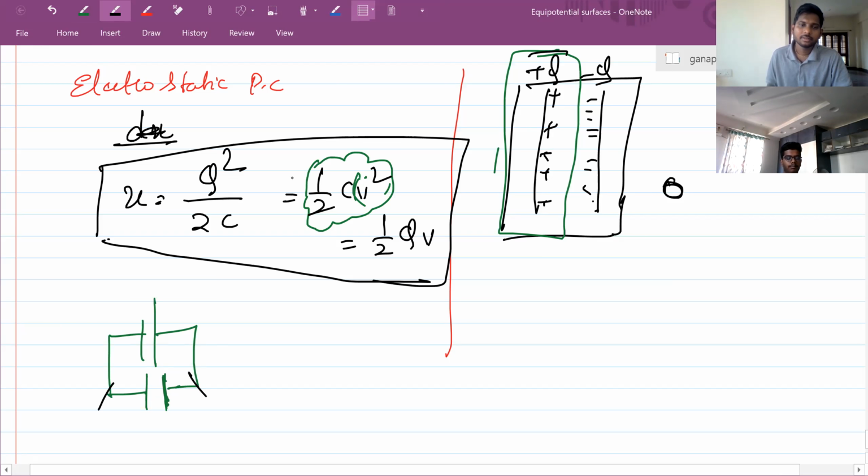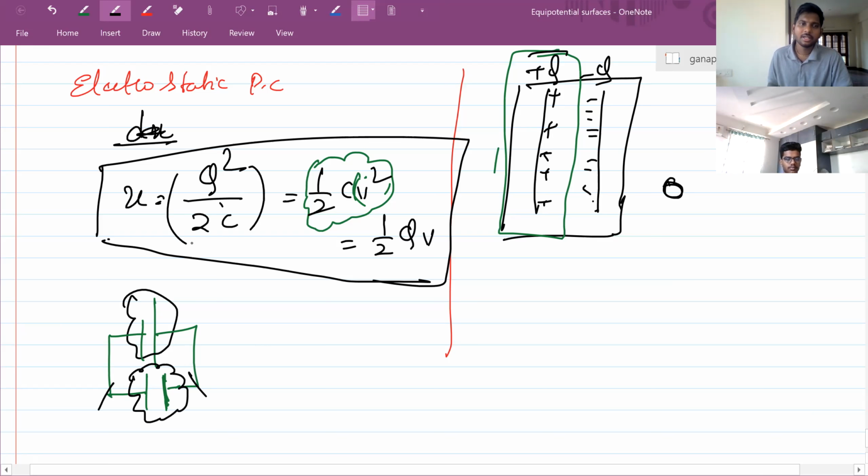And if the battery is removed, the charge will remain constant. If the battery is removed, there is nothing to give charge to this capacitor. So the formula Q square by 2C will be applied. In that kind of case, you need to use Q square by 2C. So according to the situation, you can use these formulas.